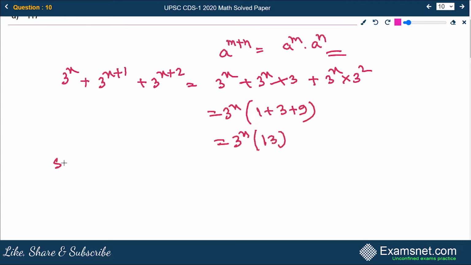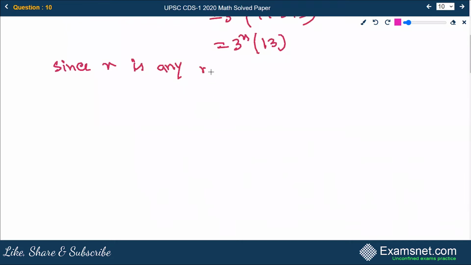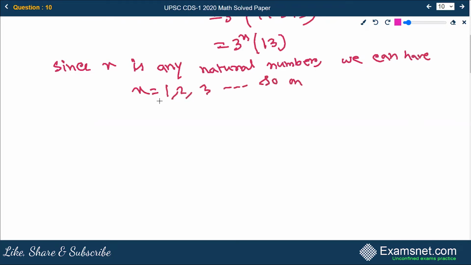Okay, since x is any natural number, we can have x equals 1, 2, 3, and so on, any value. So for x equals 1, we get 3^x times 13, that will be 3 multiplied by 13, that is 39.